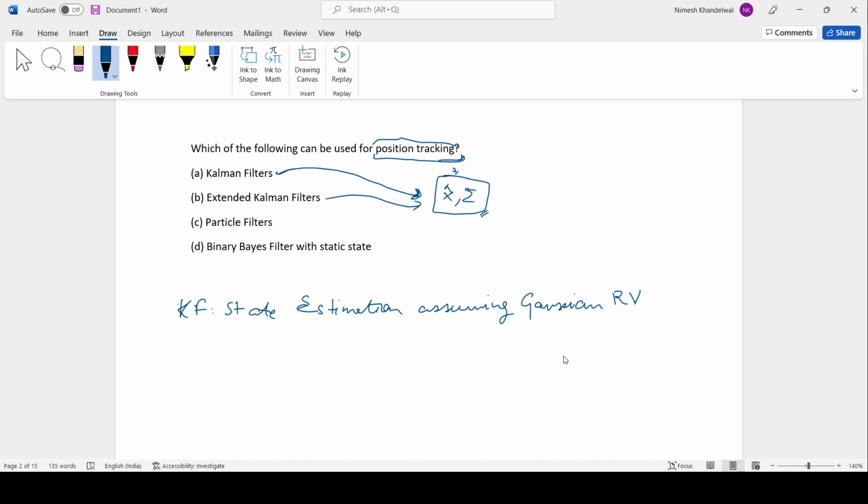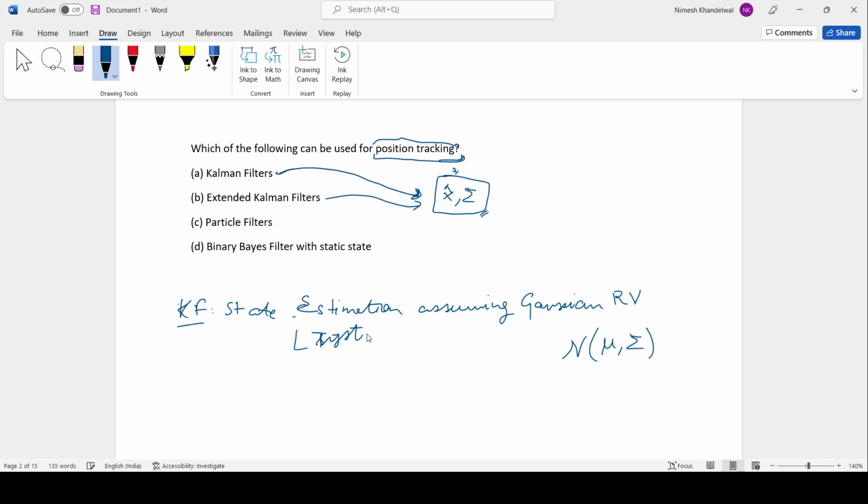What do we mean by Gaussian? They follow a Gaussian distribution with some mean and some variance. The Kalman filter assumes linear systems essentially.